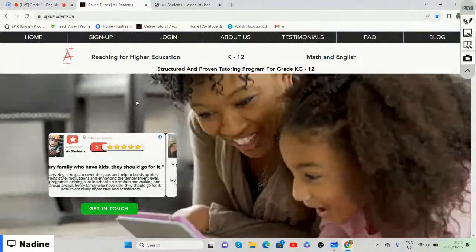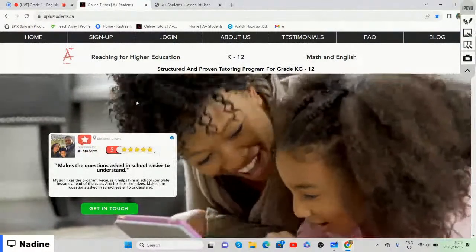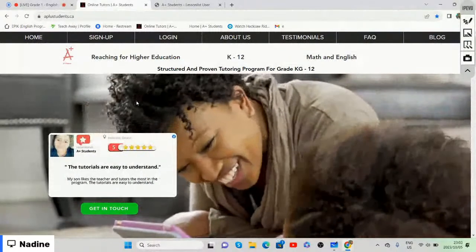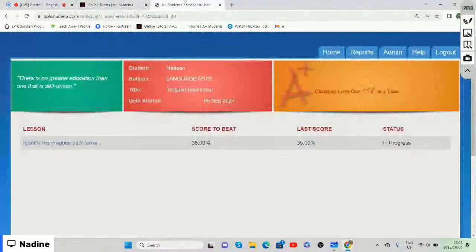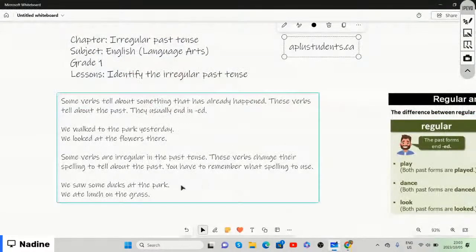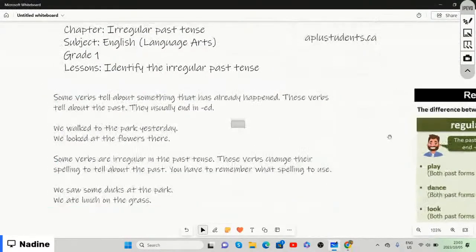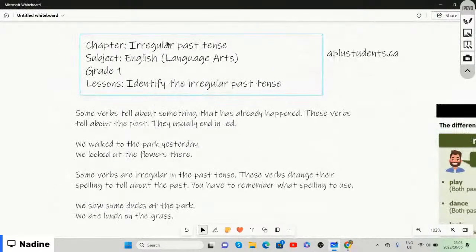Then you're going to scroll down all the way until you get to the chapter of irregular past tense. So the chapter is irregular past tense.